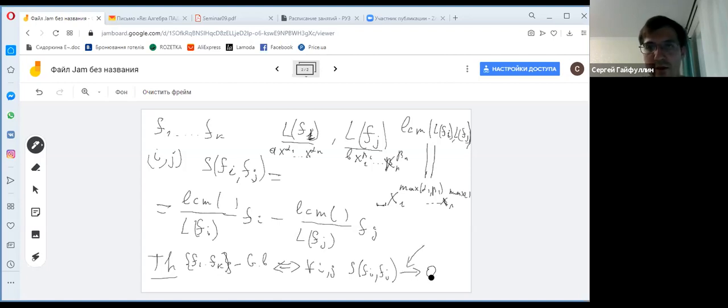All the remainders are 0. If we have a remainder for some set of reductions which is not 0, then f1 so on fk is not a Gröbner basis. If for some set of reductions the remainder is 0 for every i and j, then f1 so on fk is a Gröbner basis.